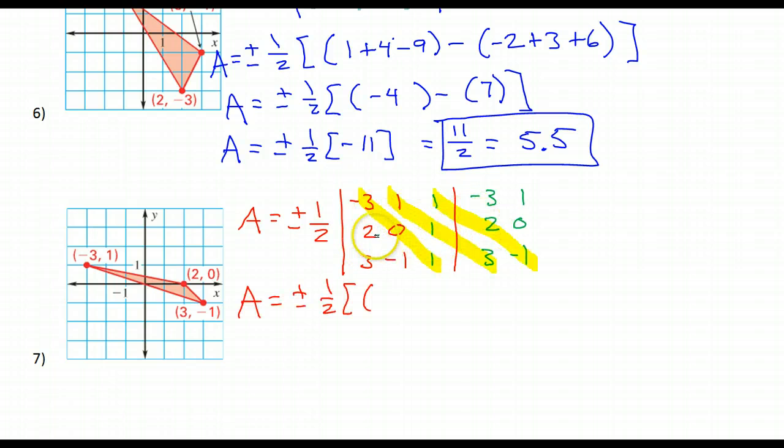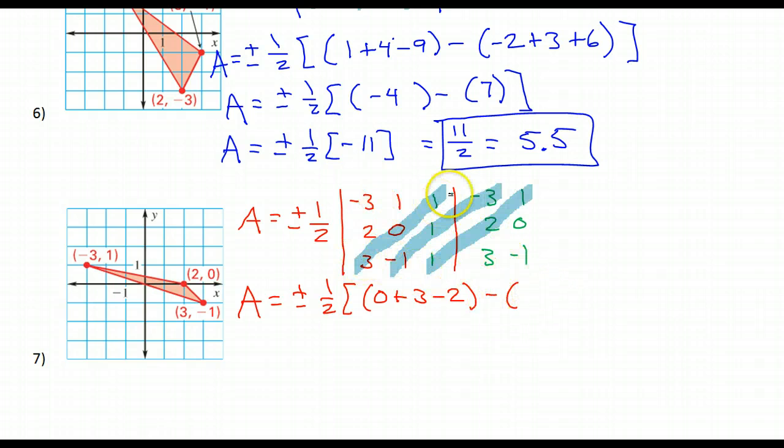So these are my down diagonals. The first one gives me 0 because that's 0. Then I have positive 3 from this one. And then I have negative 2 from this one. So that's my down diagonals minus my up diagonals. And these are my up diagonals. So I'm going to get 0 because of the 0. And then positive 3 from the second one.